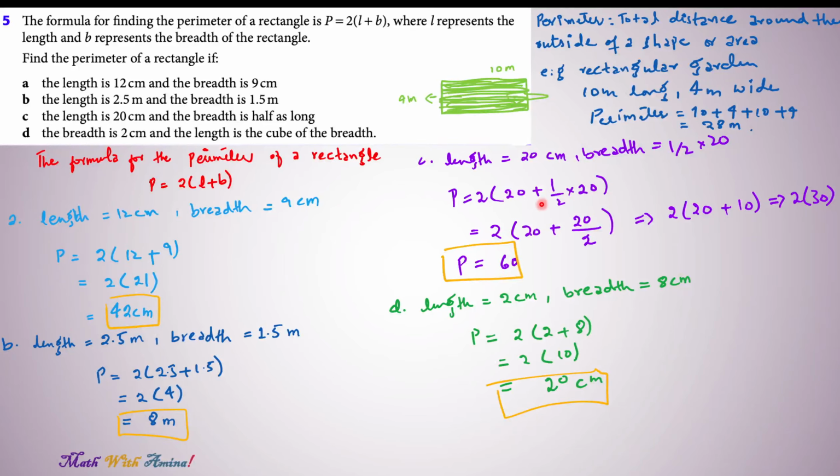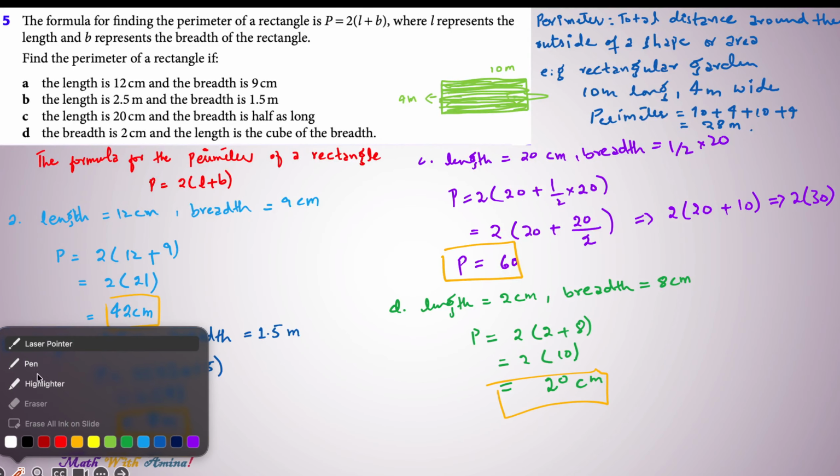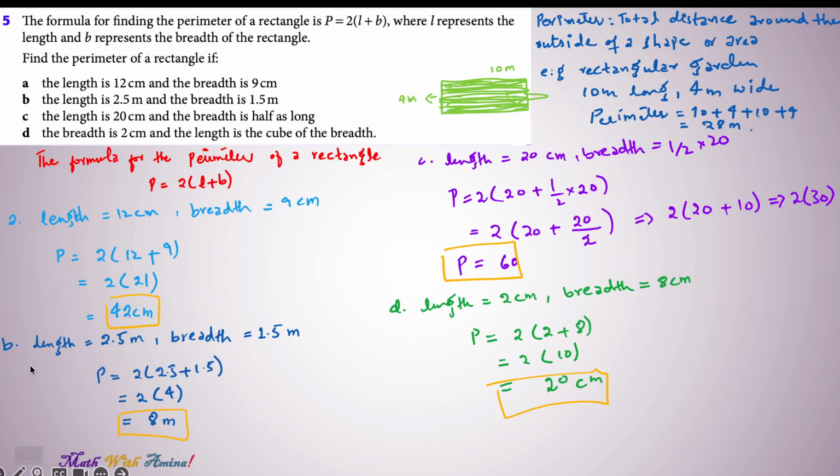This is the fourth part, the last part. The breadth is 2 centimeter as given in here, and the length is the cube of the breadth. So the breadth is given as 2 centimeter, and the length is the cube of the breadth. So in here we will do some correction.